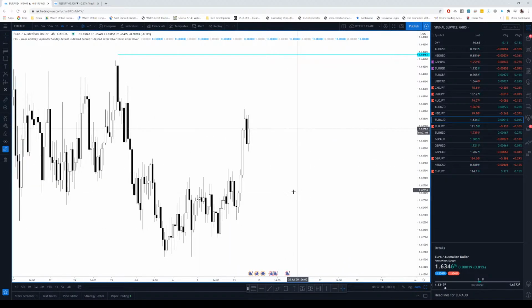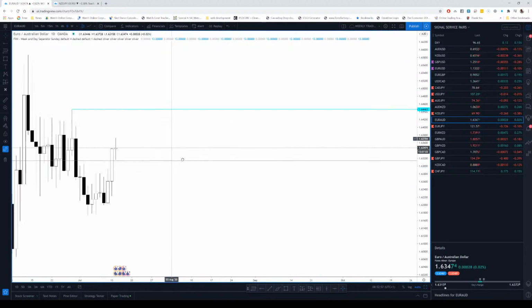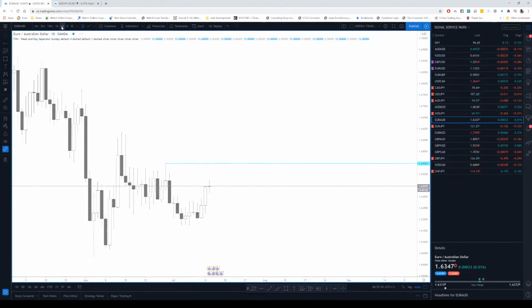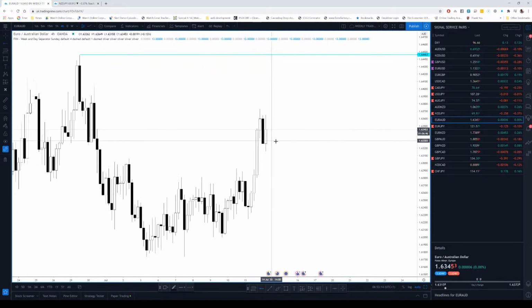This is indicating that someone has stepped in the market with a bit of money, and I personally don't think they were able to buy everything that they wanted to buy. So it will come back for a retracement, and if we do, we'll be ready for it.